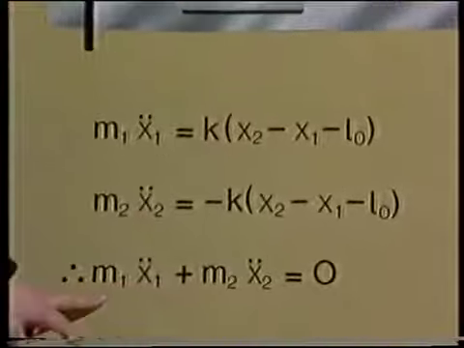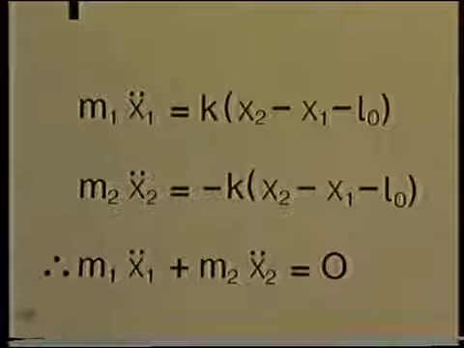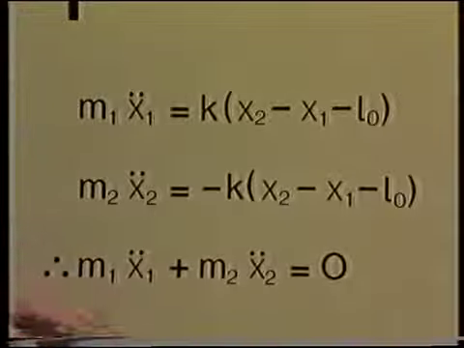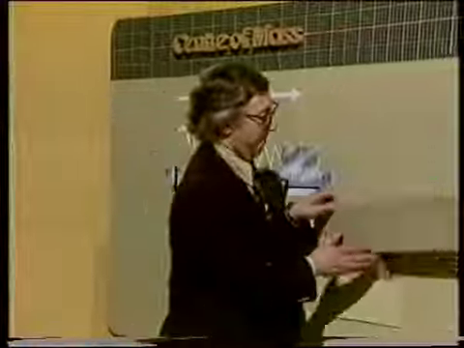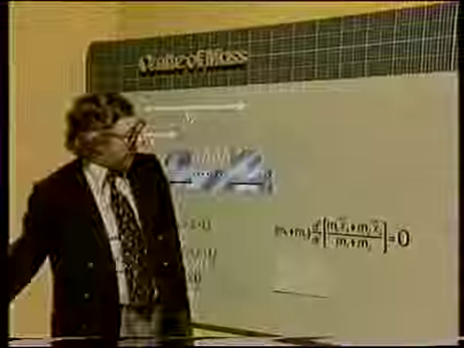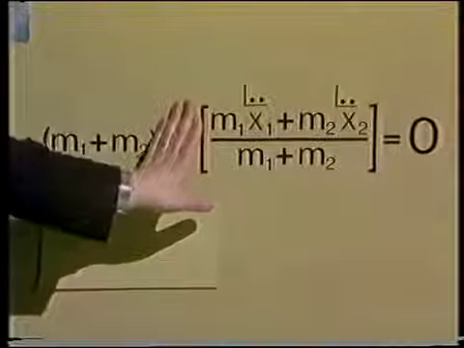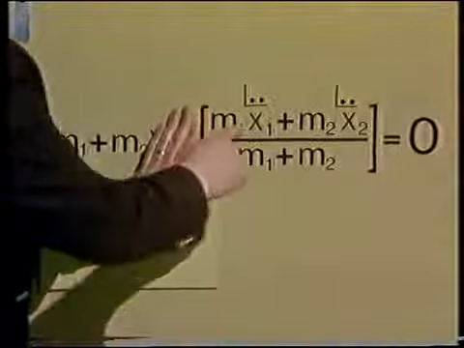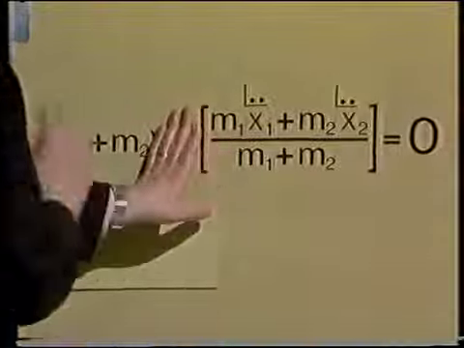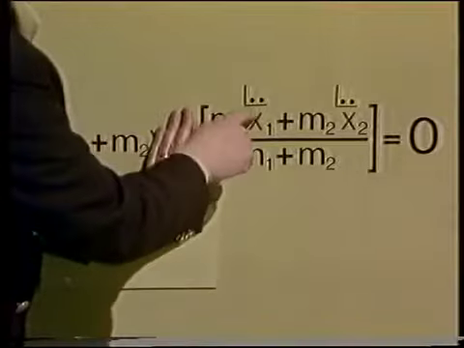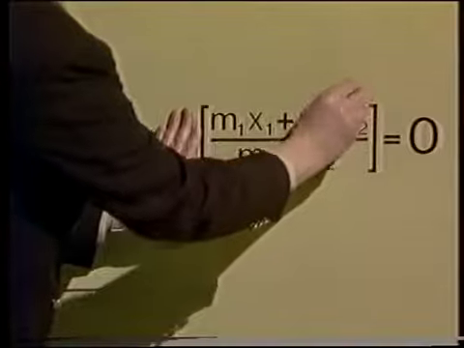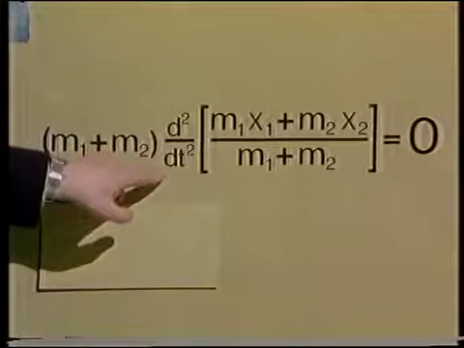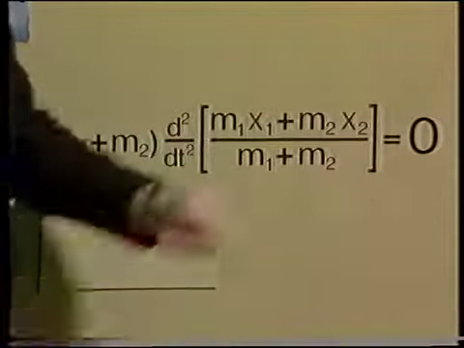In fact, I can make it even more suggestive if I multiply and divide by m1 plus m2. Because if I do that, I haven't really changed the equation at all, but I can take my double differentiation with respect to time outside, and I just have the second derivative of this expression in the brackets.